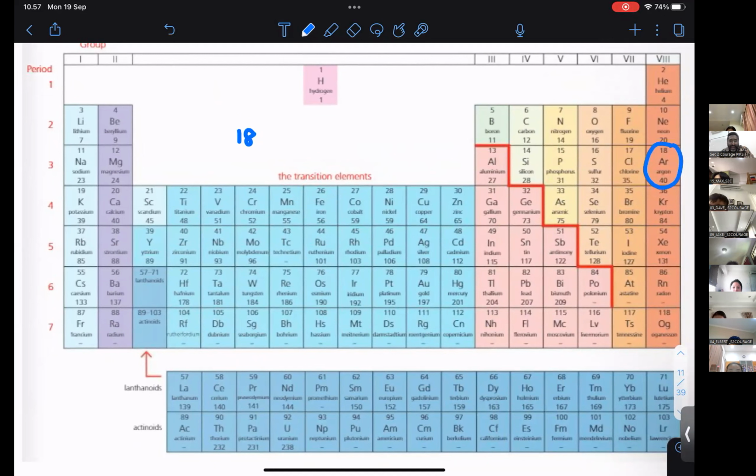Argon is written as Ar, with 18 at the bottom and 40 at the top. This is how you write it.